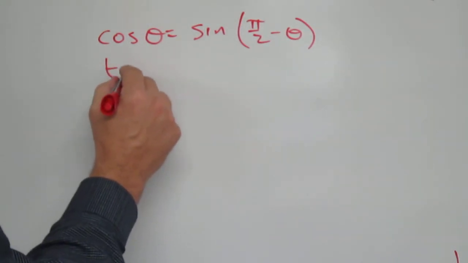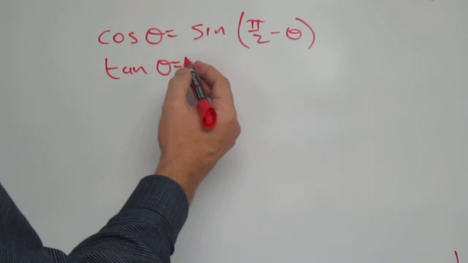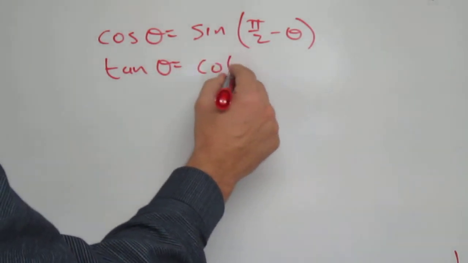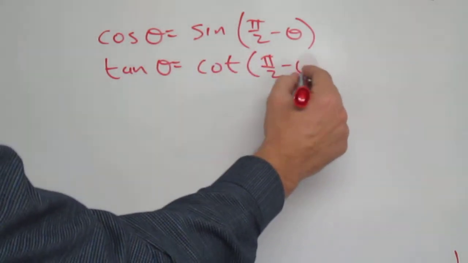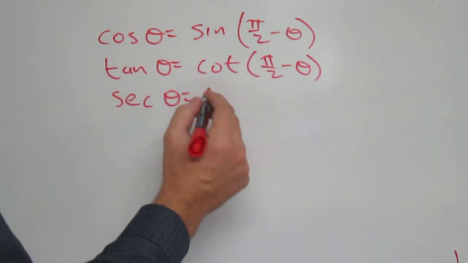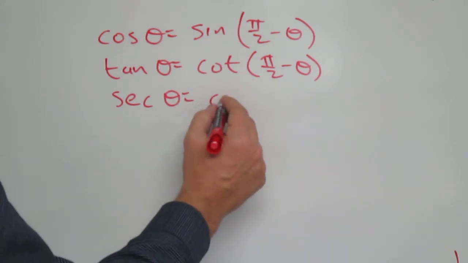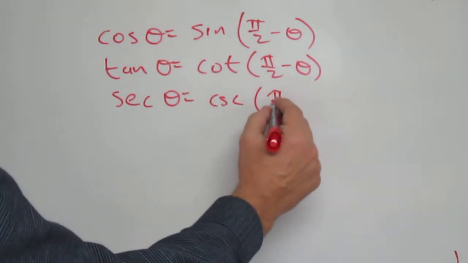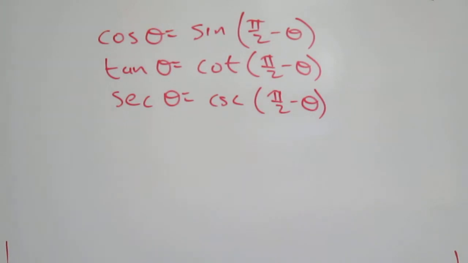The tangent of theta is the same as the cotangent of pi over 2 minus theta. The secant of theta is exactly the same as the cosecant of pi over 2 minus theta.